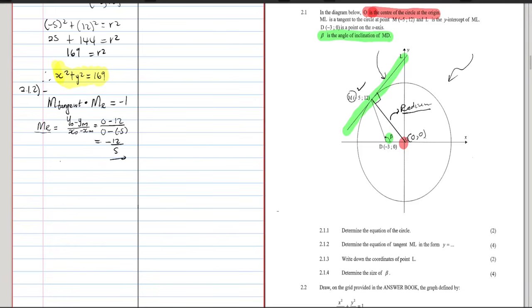Now let's go ahead and calculate the gradient of the tangent. So m tangent multiplied by mr should give us a -1. M tangent is what I want. M tangent multiplied by mr, that is -12/5, equals to -1. So either I divide by -12/5 on both sides, or I can just multiply by the multiplicative inverse, -5/12, on both sides.